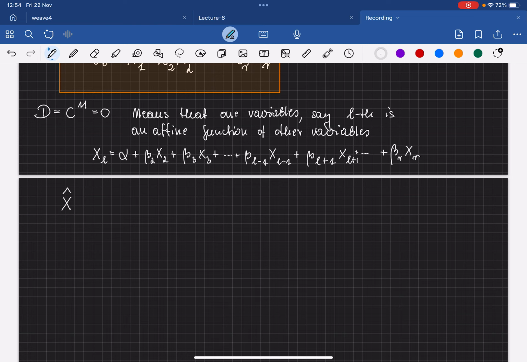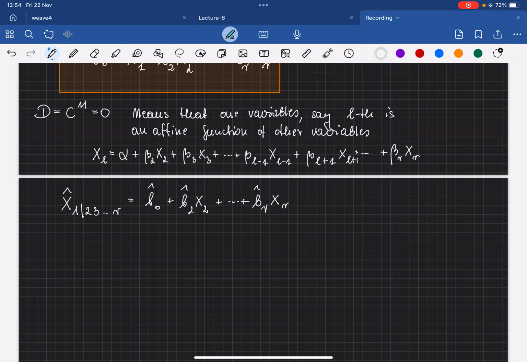We will denote this function by x1, and after a vertical line we list all independent variables. This is b0 plus b1 x1 plus b2 x2 up to br xr.